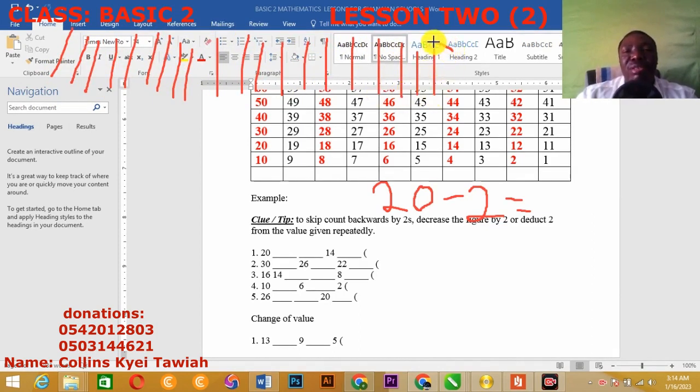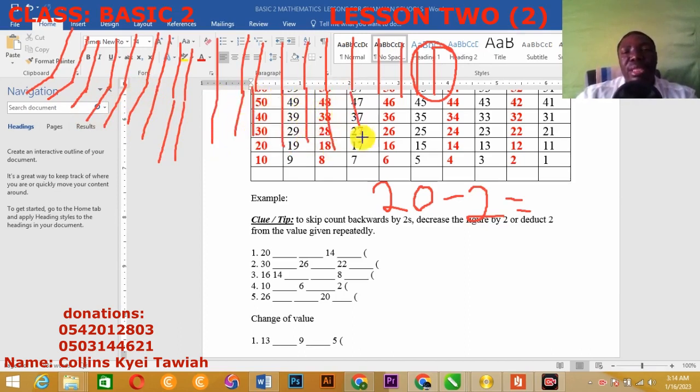Just take 2 away from the 20 we have. Now let's count what is left: 1, 2, 3, up to 18. So our next number is 18. Are we getting it?